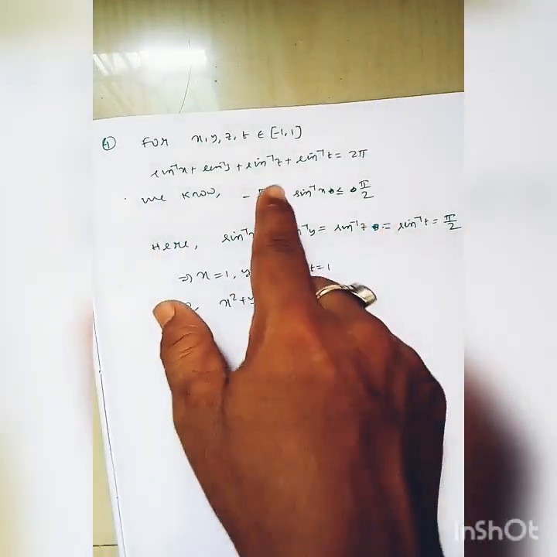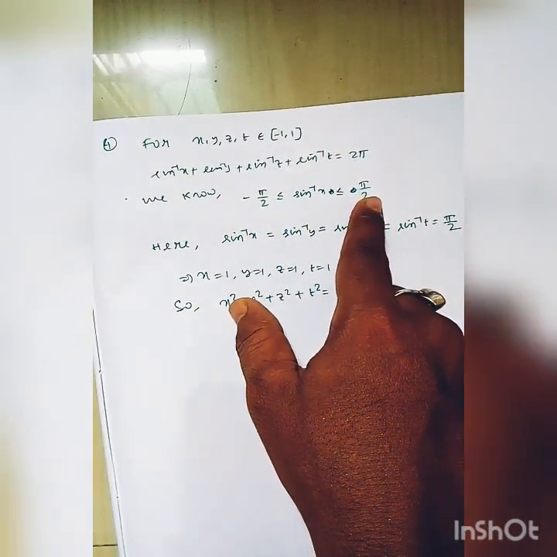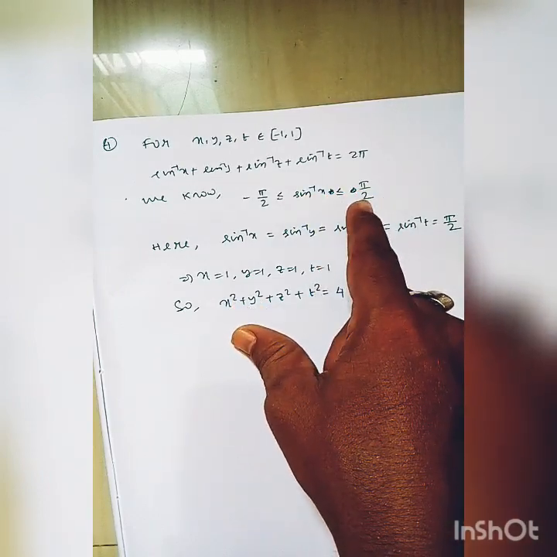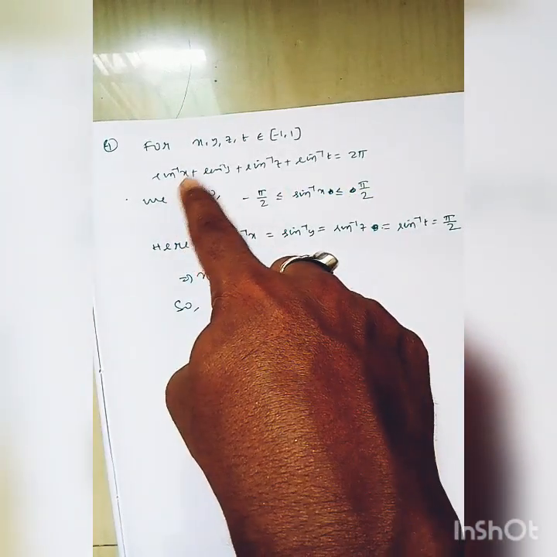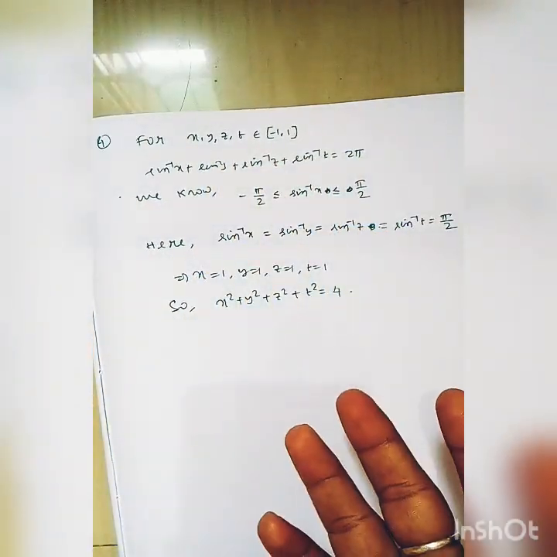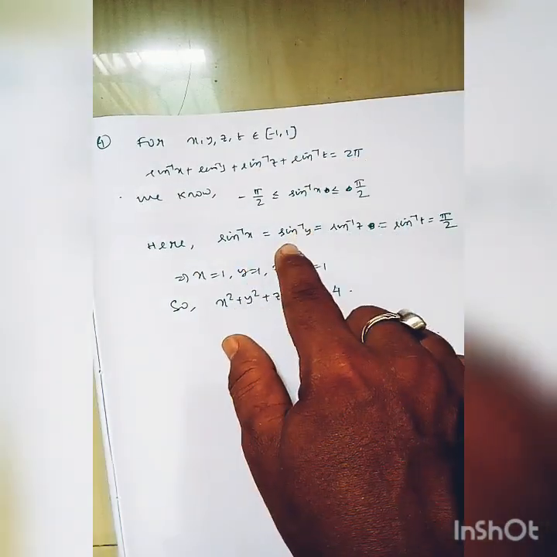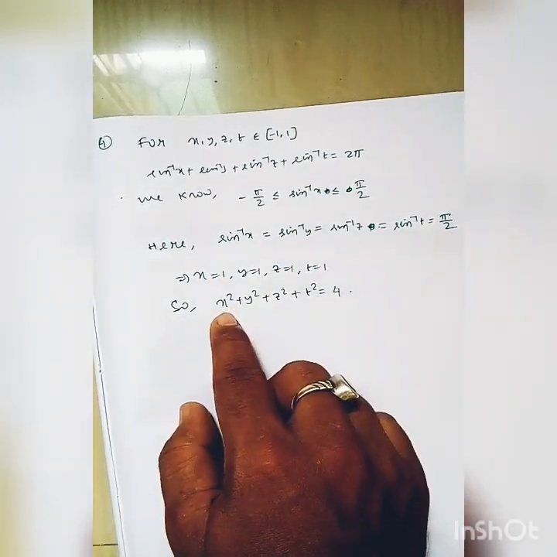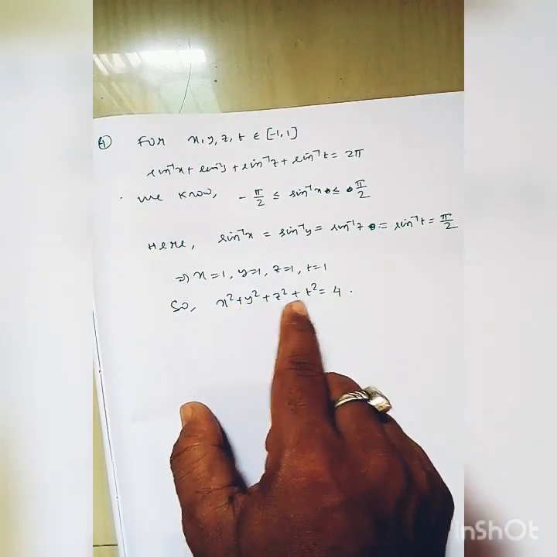As you know, sine inverse x lies between these limits, so the maximum value of sine inverse x is pi by 2. And the addition of these four is equal to 2 pi. So each individual must be pi by 2. So x equal to 1, y equal to 1, z equal to 1, t equal to 1. That is, x square plus y square plus z square plus t square equal to 4.